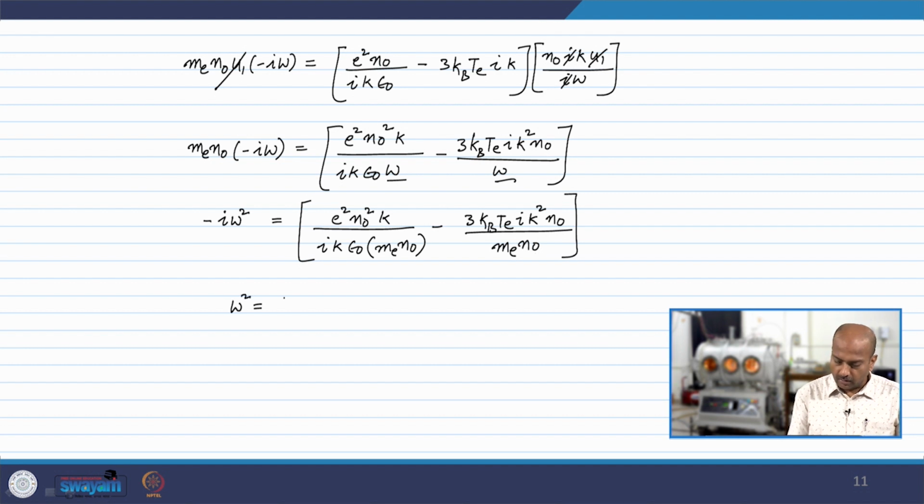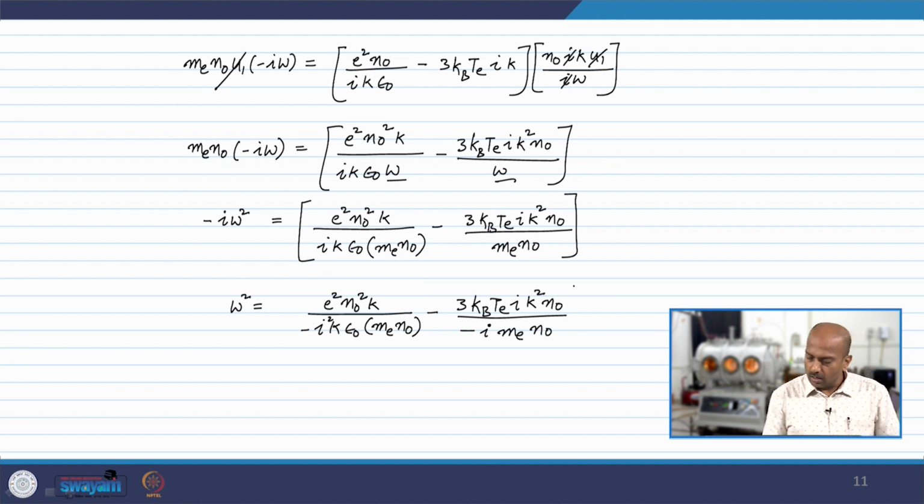So, omega square now becomes e square n naught square k divided by i k minus i square k epsilon naught times m_e n naught minus 3 k_B T_e i k square n naught divided by minus i m_e n naught.